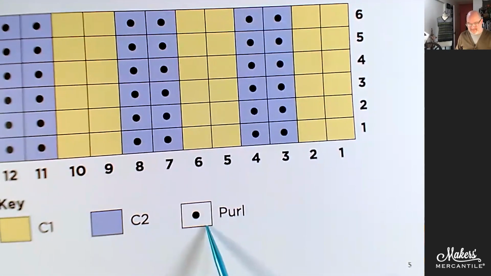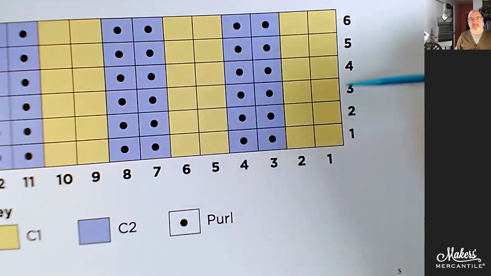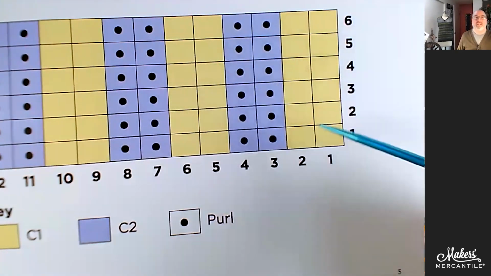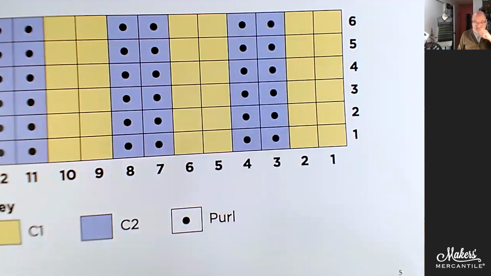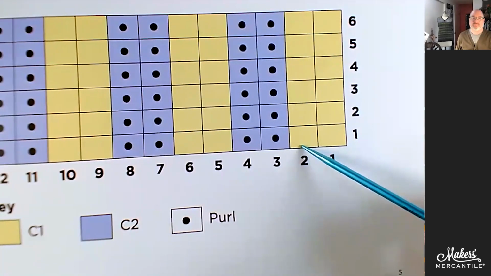So in this case, we know that the little dot is a purl stitch. We know that we're working in the round because all the round numbers are here on the right, and we know that we're working from right to left. So that's almost enough information to just take a stab at assuming that these are knit stitches.